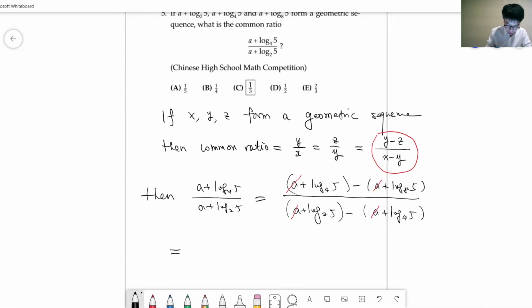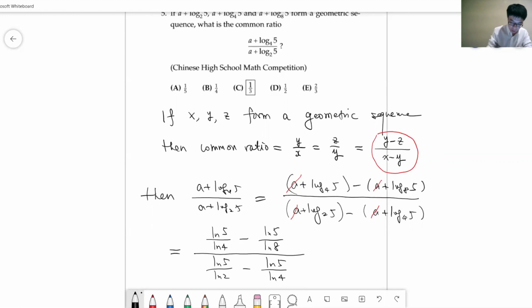All right, so in this way, you just cancel A, and then this equals log 5 with base 4. So that's equivalent to natural log 5 over natural log 4. Let me simplify later. This is natural log 5 over natural log 8, and this is natural log 5 over natural log 4.